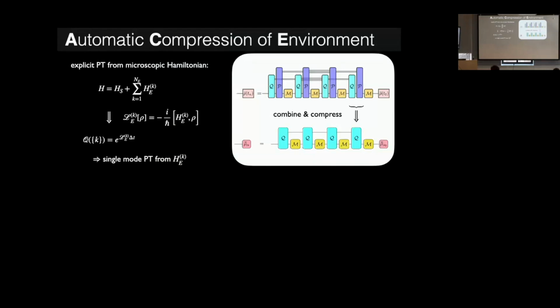But really all I've done is taken the crayon that Kavan took, and drawn a line around all the bits to do with the interaction terms and the environment propagation, in a trotterized picture. P is a different degree of freedom, and then you combine them together and you compress. And that gives you what maybe I should be calling Q here. We call it Q because we call it Q in the paper all the time. So I need to work on the notation here.